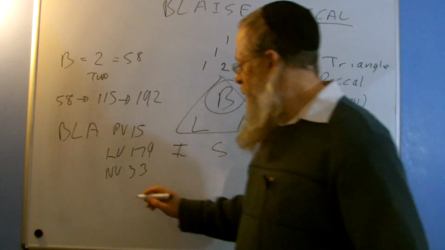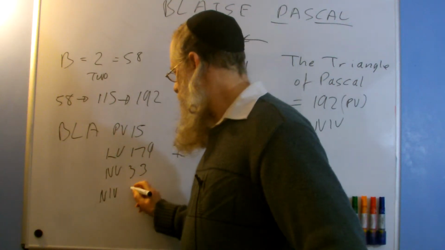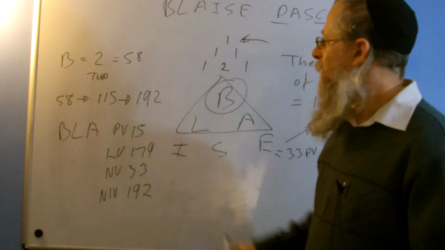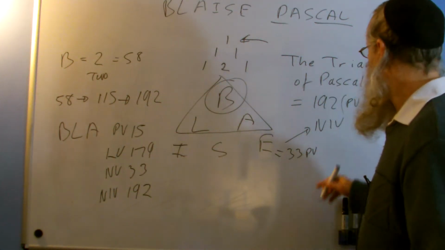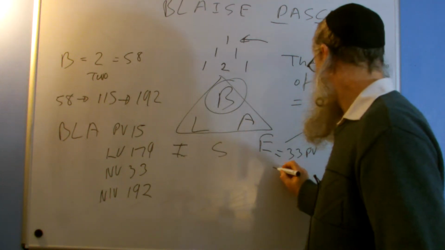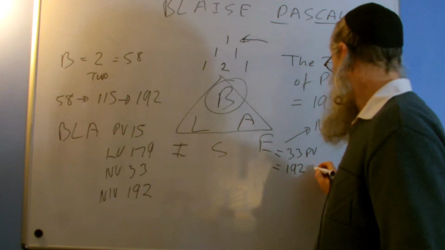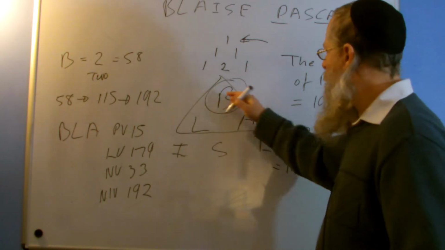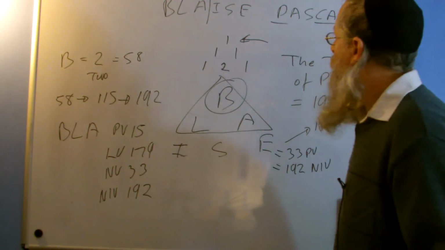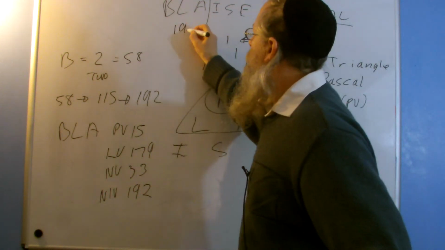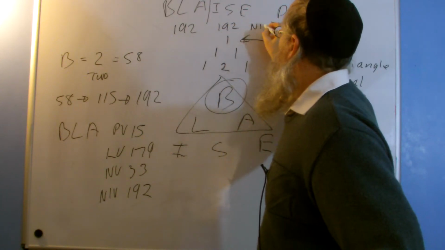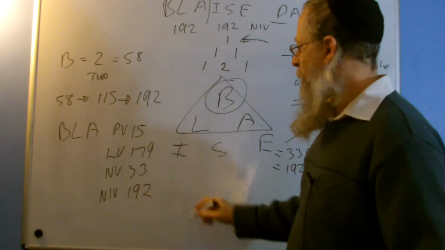And the final one, the NIV, has a normal inner value of 129, which is again connected to this, because the normal inner value of this was 192. So both BLA, the first 3 letters of Blaze, is 192, and the last 3 letters 192 in both the same systems, the normal inner value. So they equate.